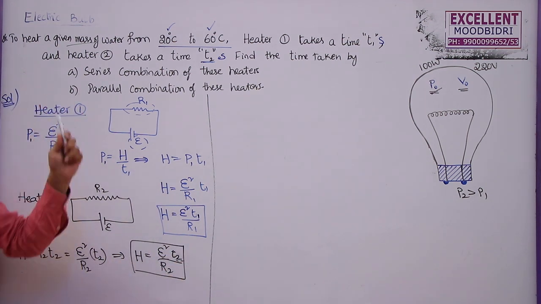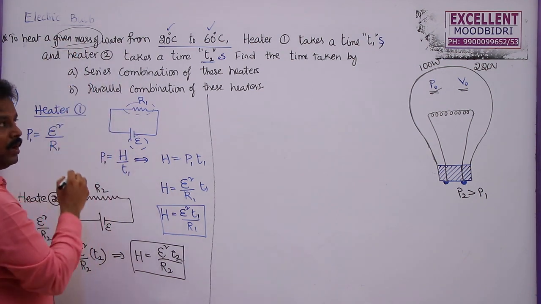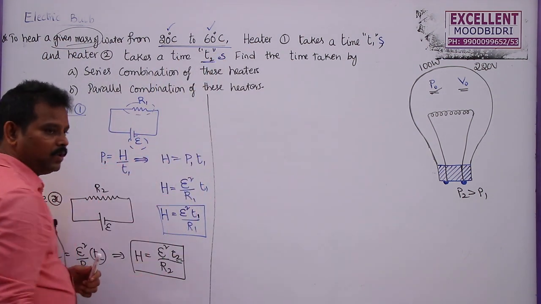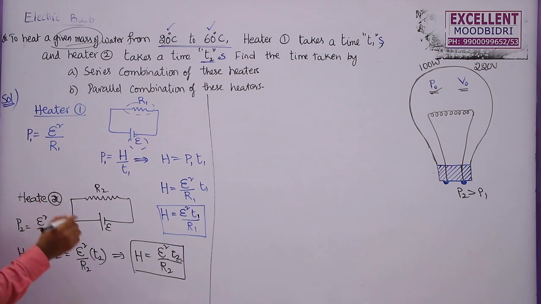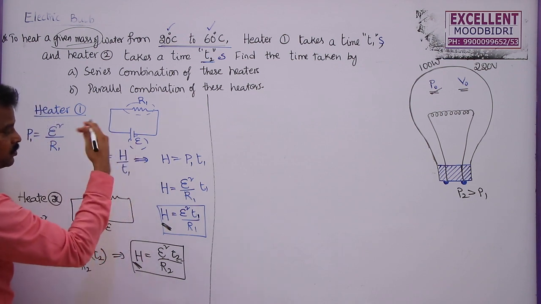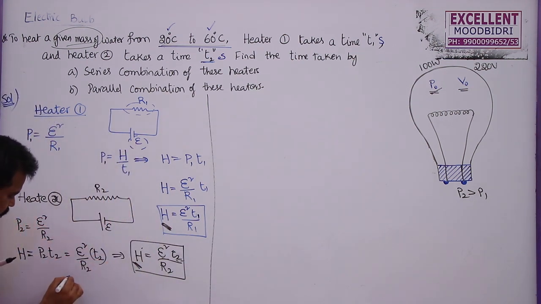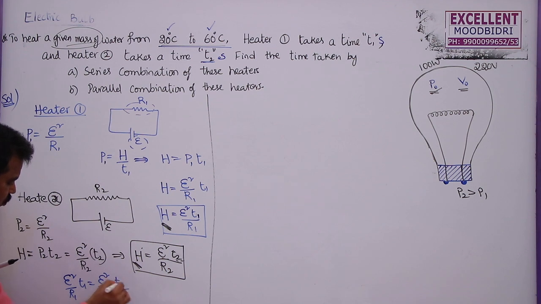But in both cases, for these two heaters, we are going to take the same quantity of water and the increase in temperature is always from 20 to 60. So the heat required in this case and the heat required in that case must be the same. If we equate these two equations, we can write E square by R1 T1 is equal to E square by R2 T2.